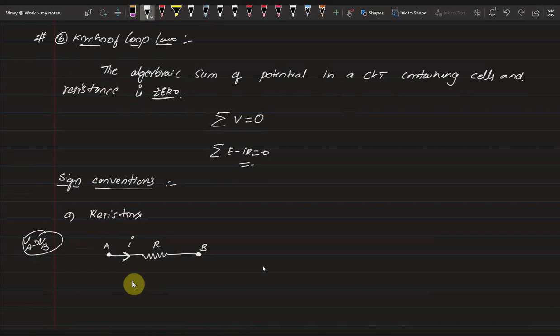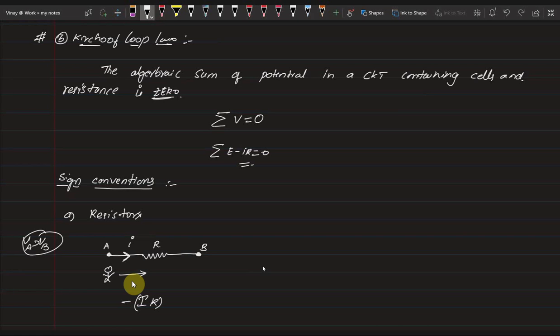Now please remember, for example, if we are also moving in the same direction, current is moving from A to B and we are also moving from A to B. In such a case, the product of current and resistance is always taken as negative, because we are moving from high potential to low potential.